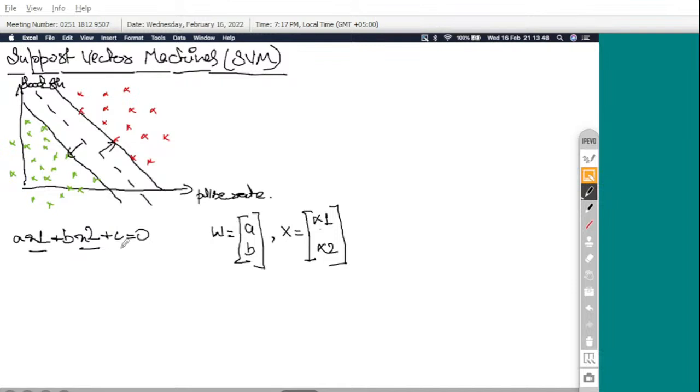No, there is only one intercept, C. A and B are the coefficients for x1 and x2, and there is a coefficient C. Right? Using vector or using matrix, that's the same thing.